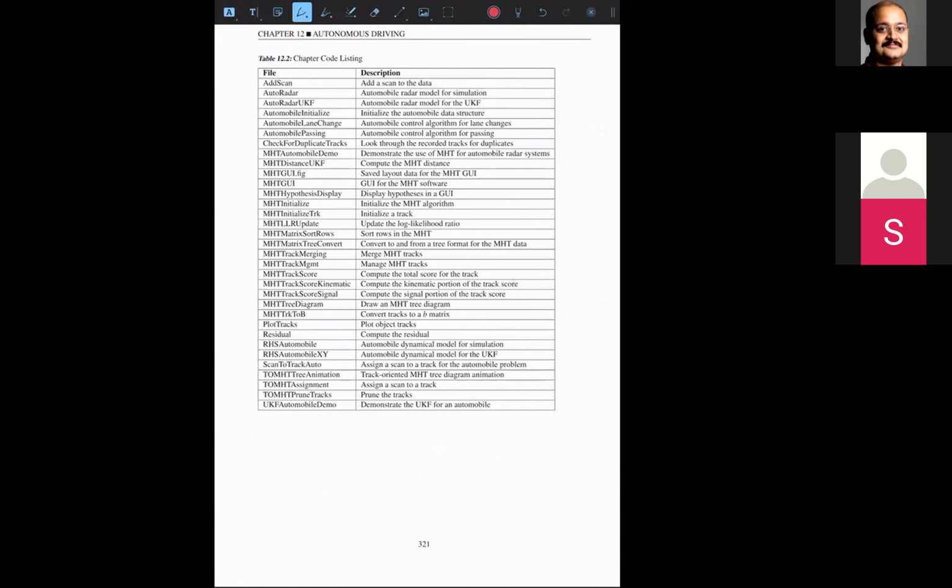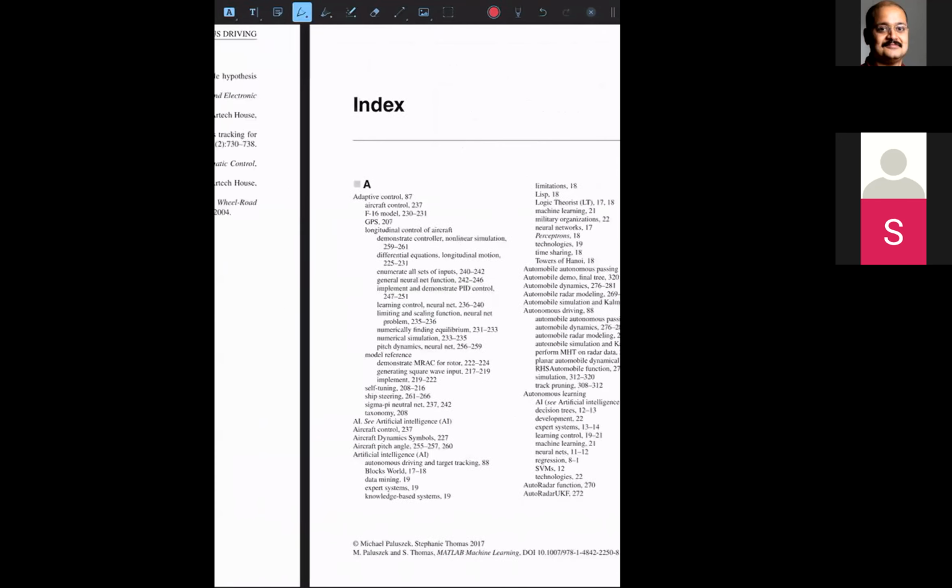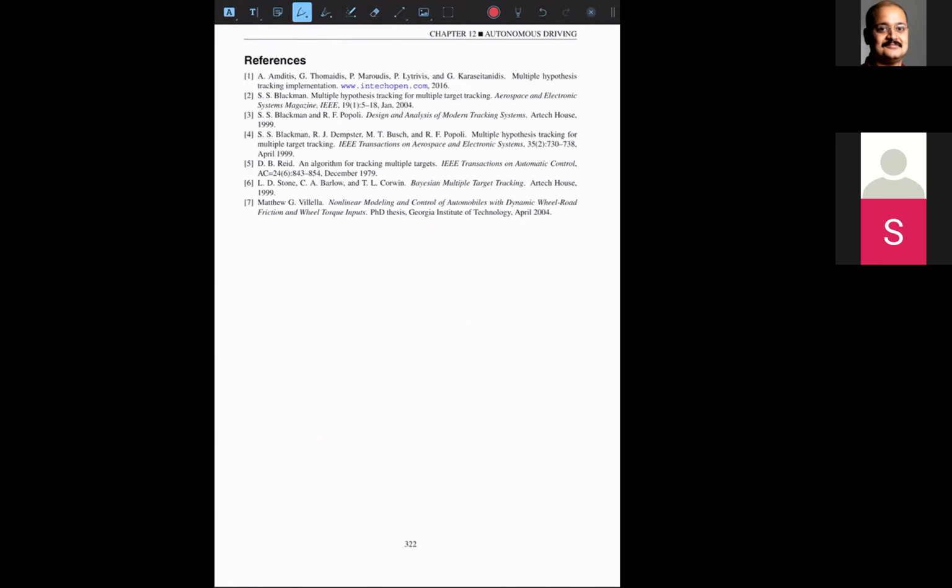So in next class, unfortunately, that would be the last class. I'm going to discuss Kalman filtering, adaptive control, and if time permits, I will discuss autonomous control. If you like what you have seen in this book, you should definitely check out the companion book, which is Machine Learning Recipes by MATLAB, in MATLAB by the same authors.